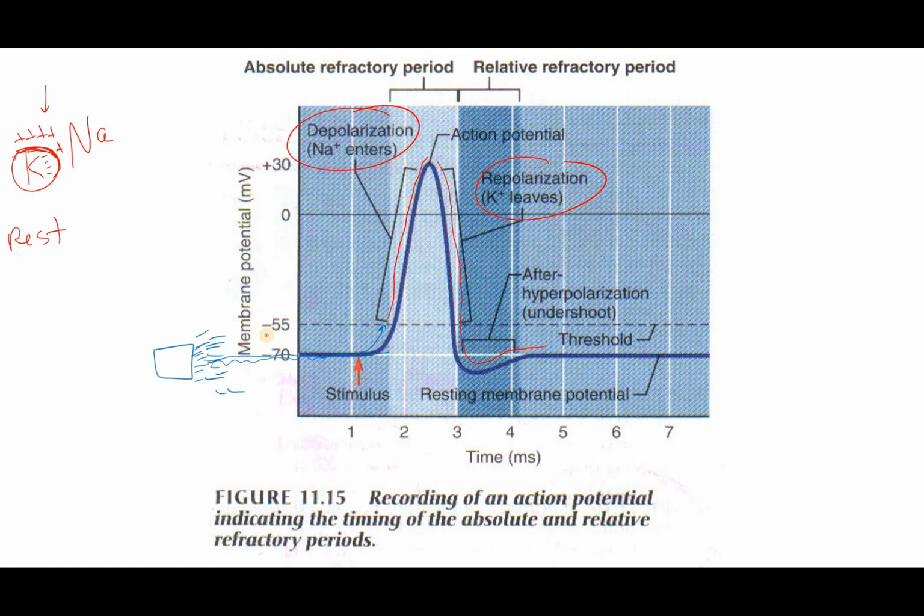Once negative 55 millivolts has been hit, now we have, we'll just say, movement. So now the cell, that potassium that was on the inside leaves, and the sodium that was on the outside rushes in.